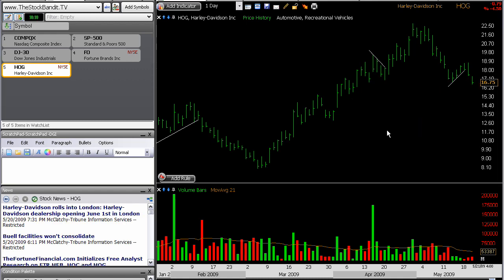Now, we see a couple of good examples here with HOG and FO, as I mentioned, and there really are a lot of others out there right now. If you look through a lot of charts the way I do each night, the dip buyers now have additional motivation to sell shares, which perpetuates that stair-step price action on the downside. It's just the exact opposite of what happened on the way up with this stair-step type action.